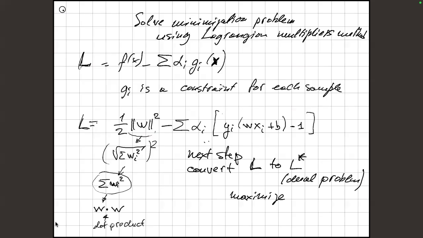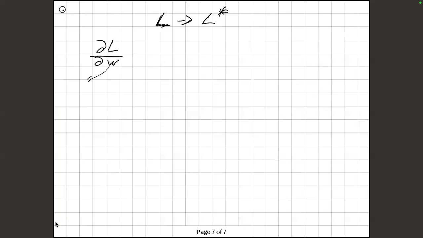So you take partial derivatives by w, by all w's, and by b, to go from L to L star. For that, you take dL by dw, and this is a vector. You actually take the partial derivative per each w.